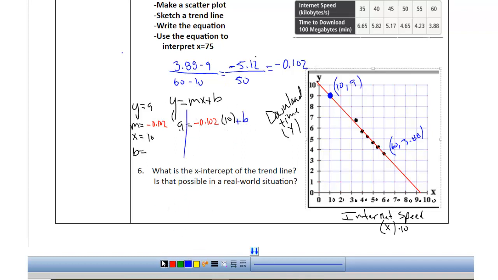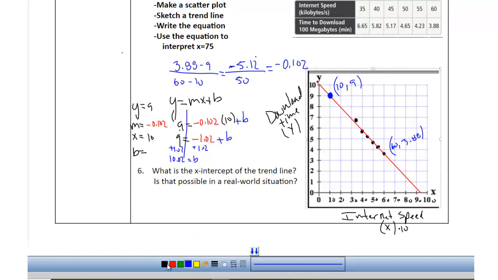Okay, so let's do a little simplifying here. Negative 0.102 times 10, multiplied by 10, that's going to move the decimal 1 point, so negative 1.02, and then plus b. And to solve, I'll just add that, so I get b equals 10.02.